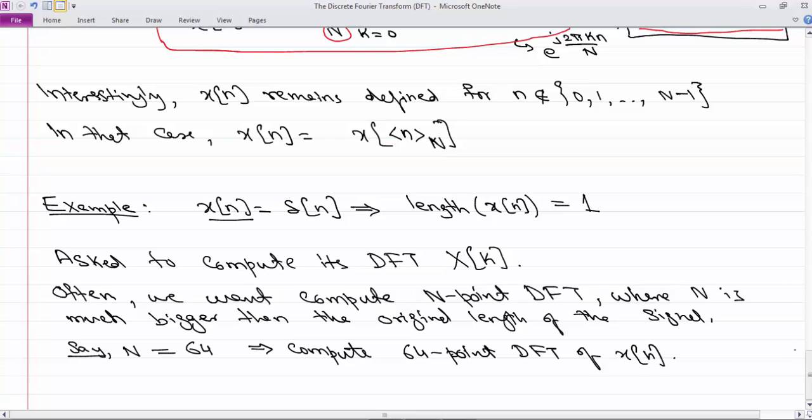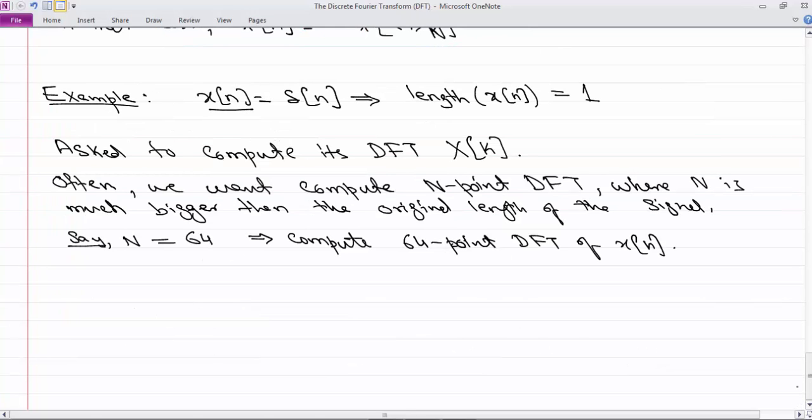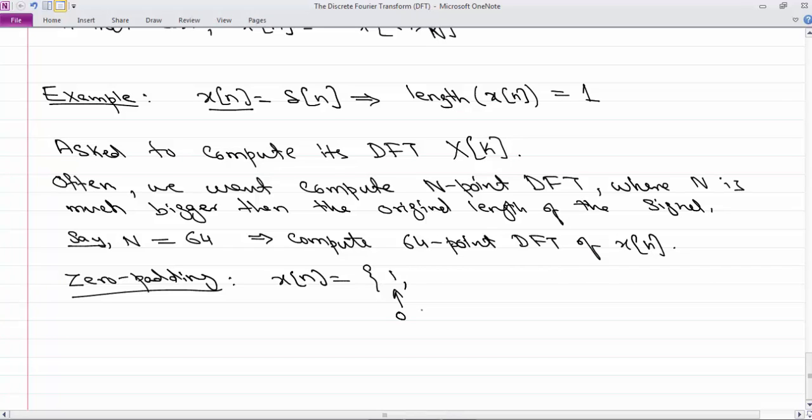But what you can do in digital systems is artificially inflate the length of the signal by zero padding, which means I'm not changing the sequence, but how it is stored in my digital system. I'll store it now as 64 numbers. I'll store n equal to 0, I have 1, and then I'll store 63 more zeros.